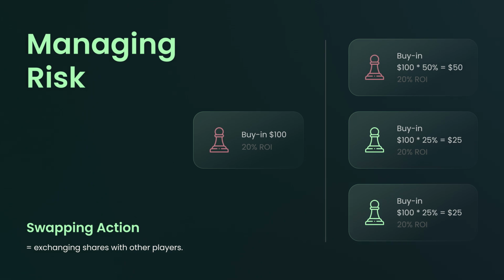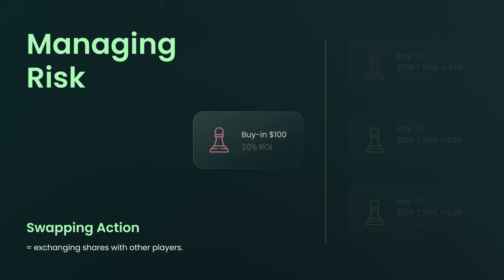For example, we could play a $100 tournament with 20% ROI just by ourselves, and we would need a bankroll that can manage a $100 buy-in. For example, around 15K for a 5% risk of ruin with 200 runners.